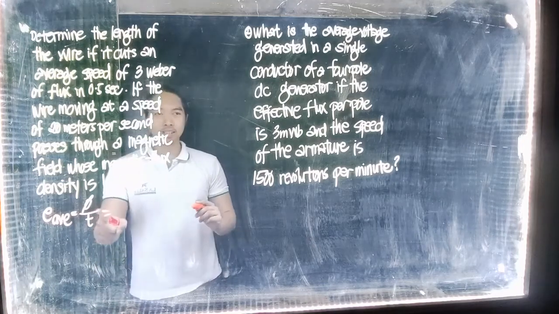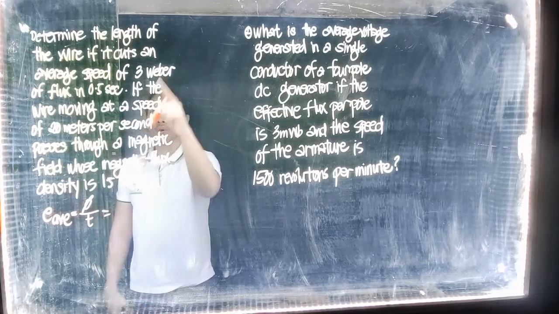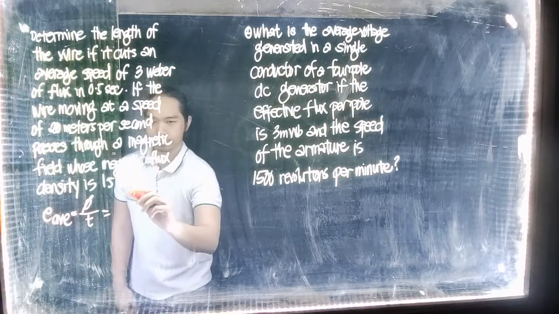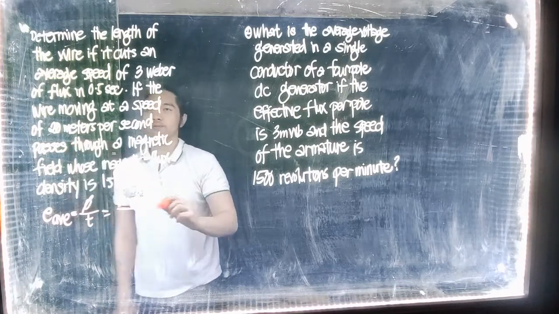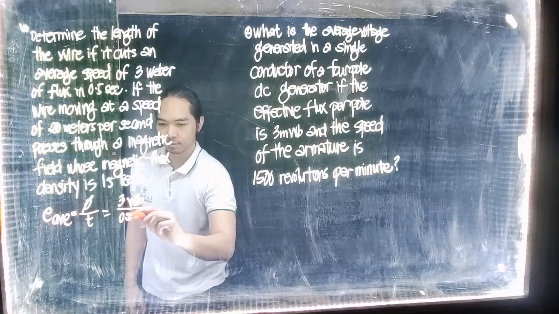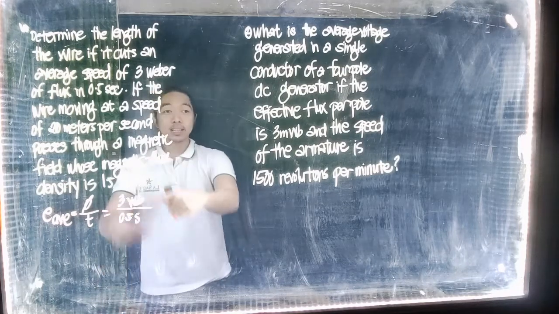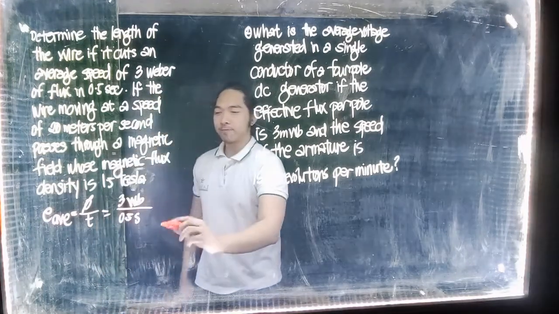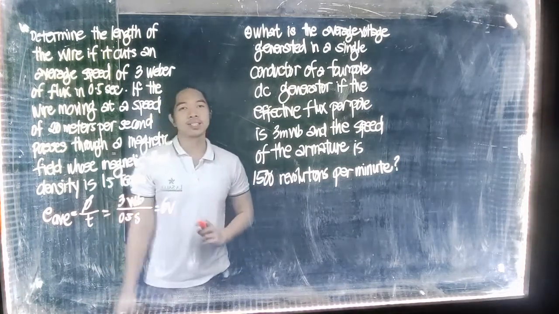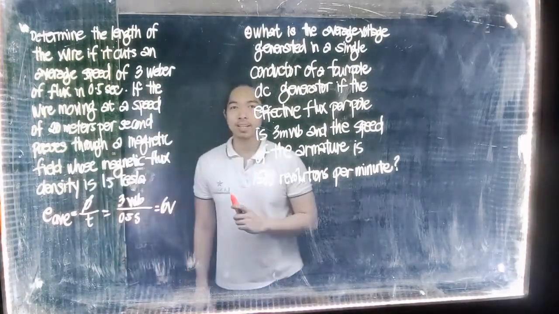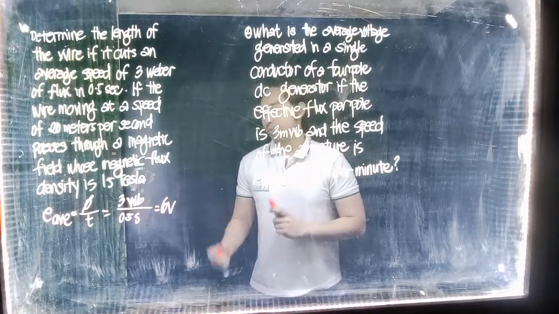The flux is equal to 3 Weber and time is equal to 0.5 seconds. Dividing these two, 3 divided by 0.5, will lead to 6 volts. So that is our first step.